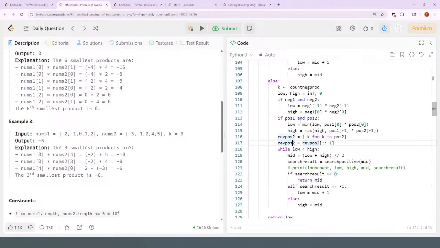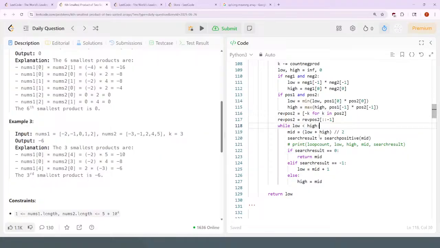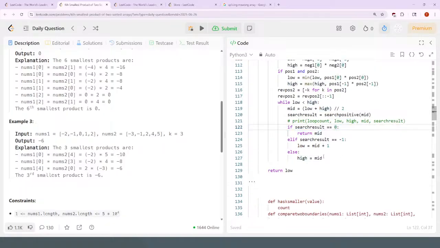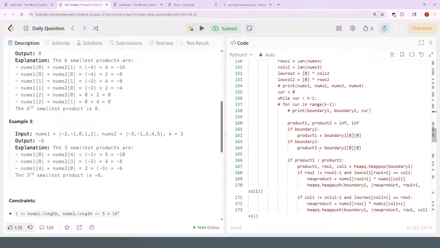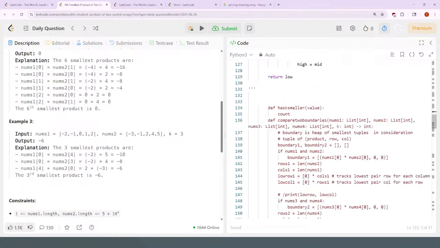And then you have your binary search template stuff here. While low is less than high, find your midpoint, do the search, change your low and high if the search is not perfect. Otherwise, return whatever your mid guess was.